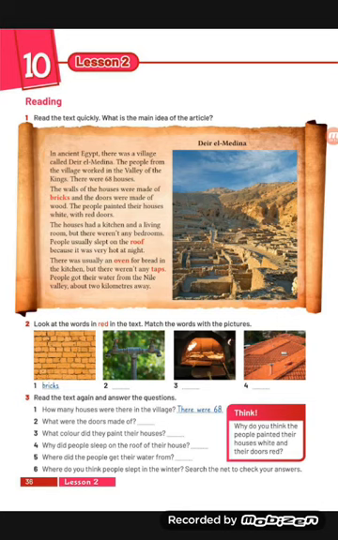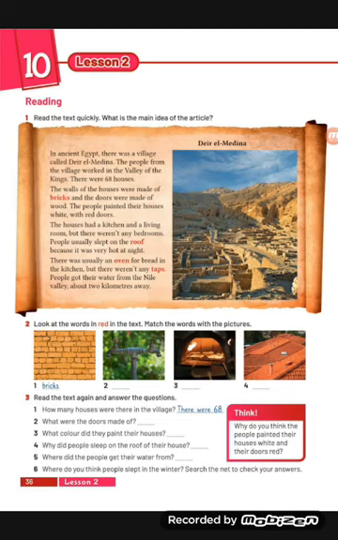Number 3, what color did they paint their houses? Excellent. The houses are white with red doors. Number 4, why did people sleep on the roof of their house? Very good, because it was very hot at night.